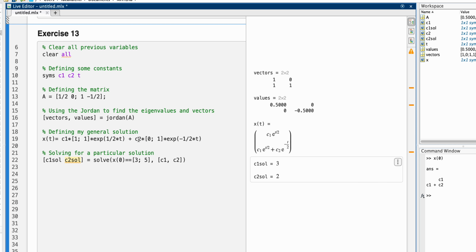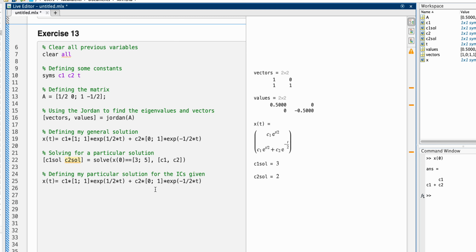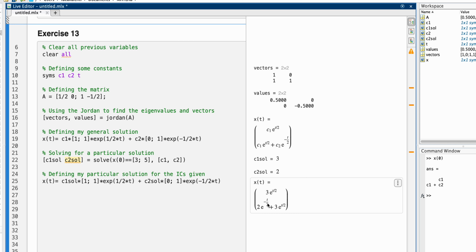So now I can take this and define my particular solution for the initial conditions given. Instead of C1, I'm going to input C1 sol and C2 sol, and press Control Enter again, and it should output what my particular solution is.